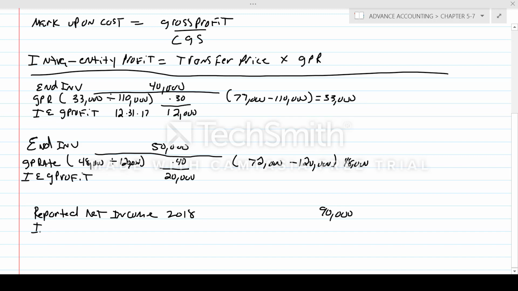Then we have our intra-entity gross profit, which is going to be deferred in 2017, and that amount was 12,000. That's the calculation above.